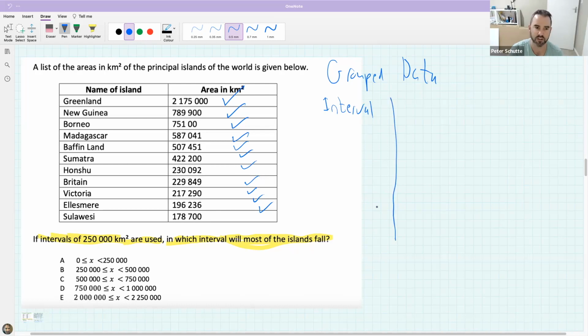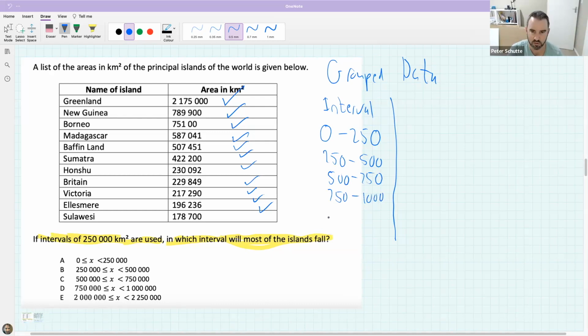And the interval that they're suggesting is 0 to 250,000. I'm just going to remember that there's 1,000 there. If I then go to my next interval, it's going to be 250 to 500. And then my next interval is going to be 500 to 750. Then from 750 to 1,000, which is 1,000,000.